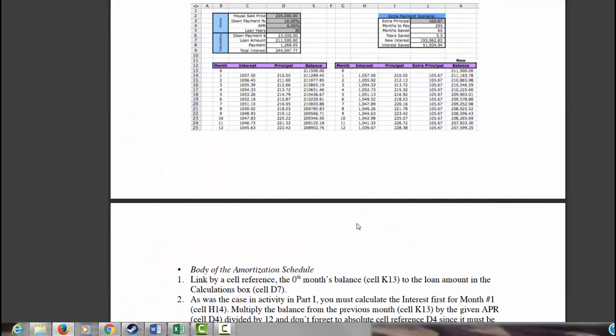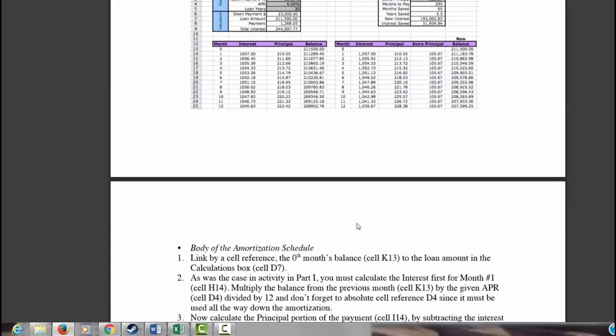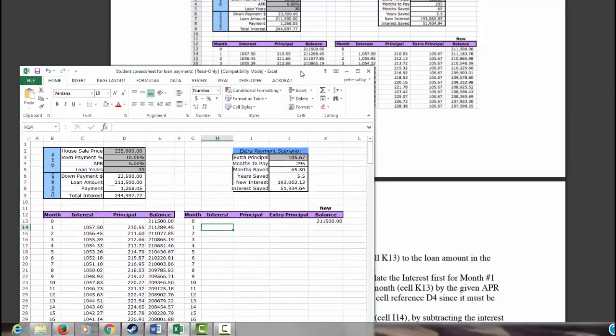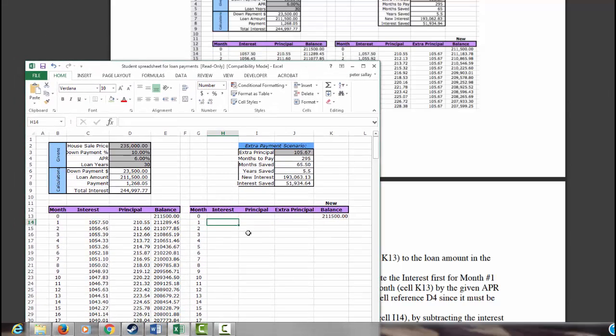So the actual chart then, okay, so year balance 0 for month 0. I want it to go back to the initial loan amount. All right, interest. So interest is calculated. That part sort of stays the same.